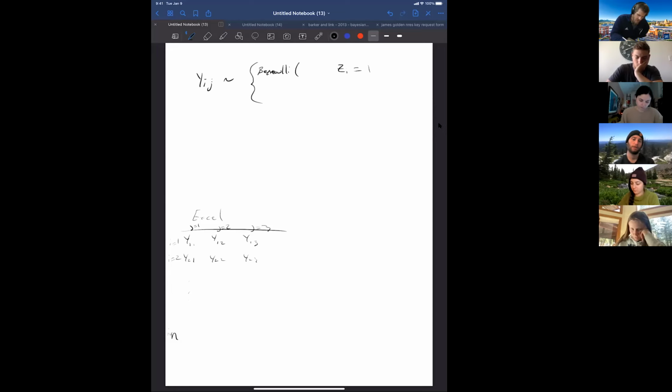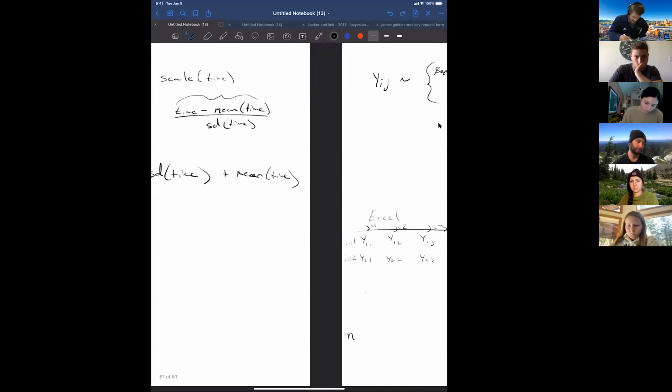If it's truly there, we don't know if it's truly there, but if it is, this is what we're going to estimate too. But if it is truly there, then we're going to see it with a detection probability for that site in that time period. Now P, this is when we developed our W's.